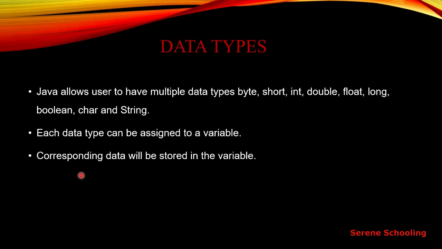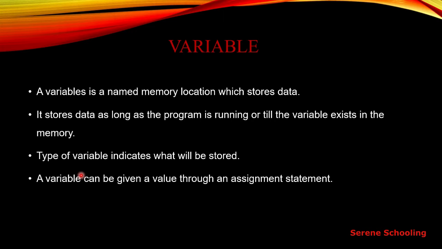Also, one more thing about variables is that variables have certain rules. For example, a variable can have length up to 31 characters, I think. That's the maximum length of a variable name, right?